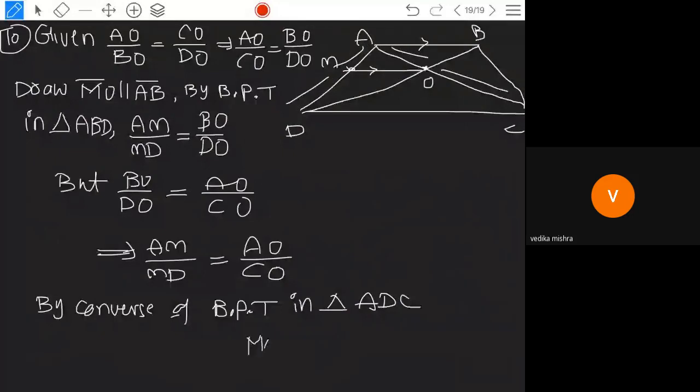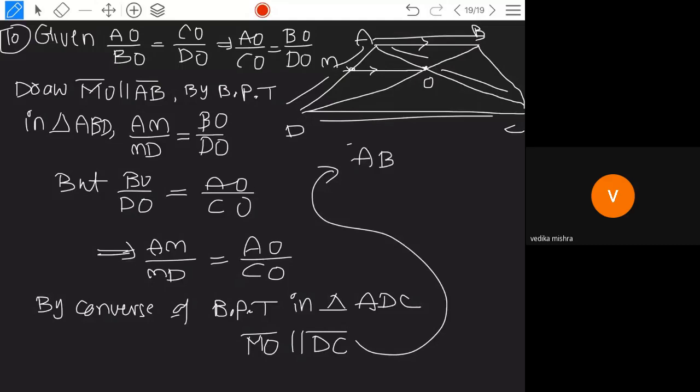MO is parallel to DC. We have taken MO parallel to AB, but we proved MO parallel to DC. From that you can say that AB is parallel to DC. Therefore AB is parallel to DC.